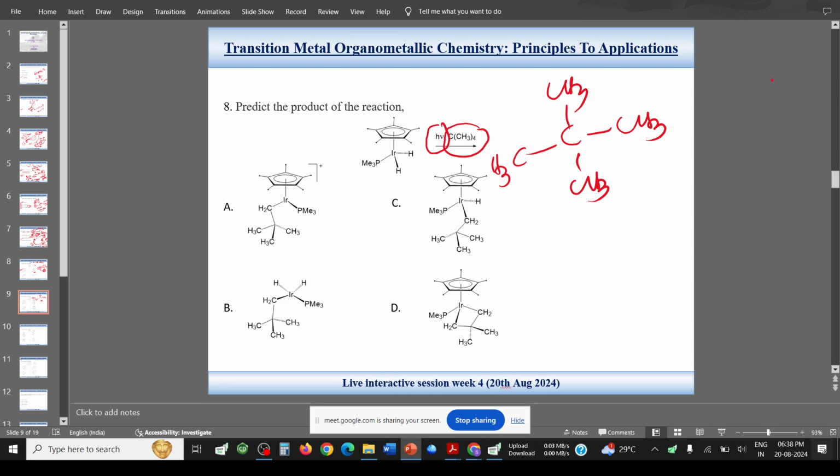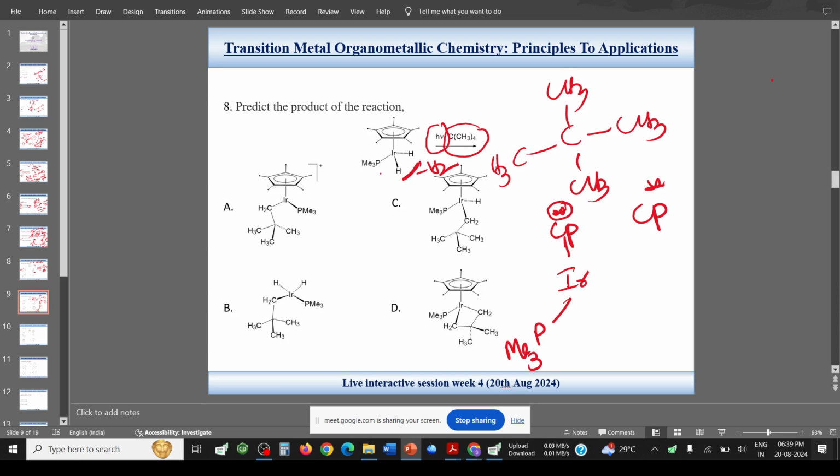When this complex reacts with h nu, it will give iridium and this Cp ring with the methyl substituent, we are calling it Cp star. The cyclopentadienyl ring with the five methyl substituents, so Cp star and PMe3, and it will give minus H2, that is the evolution of hydrogen gas in presence of light.